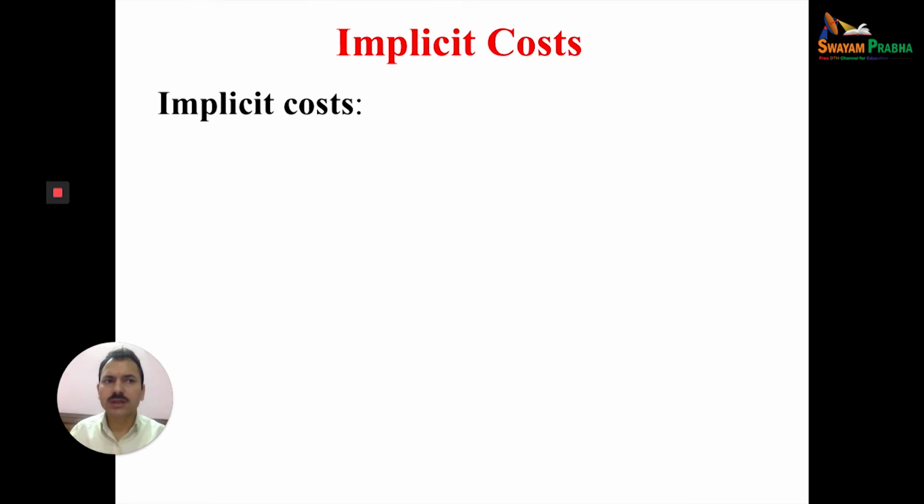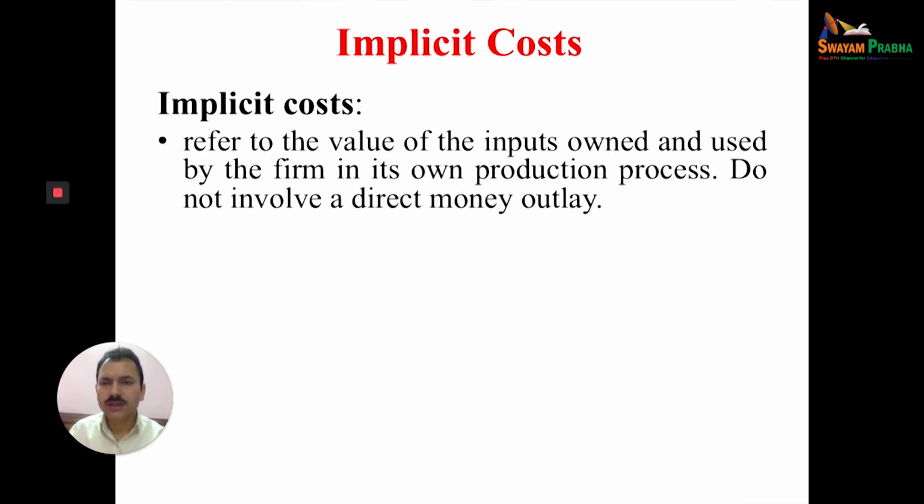Now, implicit cost. Implicit cost refers to the value of inputs owned or used by the firm in its own production process that do not involve a direct money outlay, meaning self-employed or self-owned resources. Payment made to the self-employed or self-owned resources.